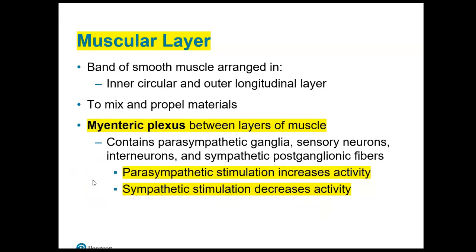Now, prior to this chapter, for a lot of systems of the body, sympathetic increases the activity and parasympathetic decreases, but it is opposite with the digestive system. When we are relaxed and the parasympathetic nervous system is active, it's going to increase digestion. And the sympathetic is going to decrease digestion.